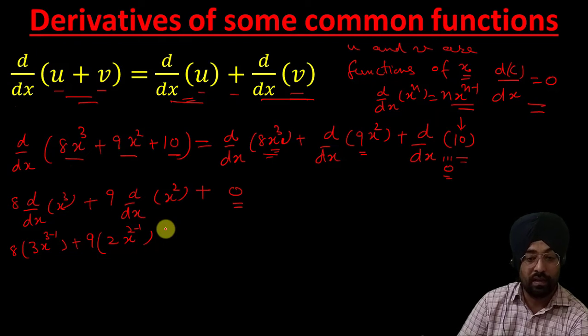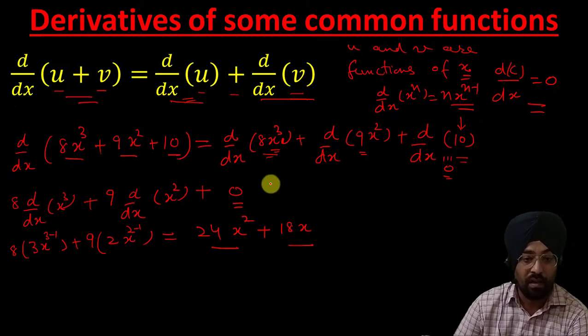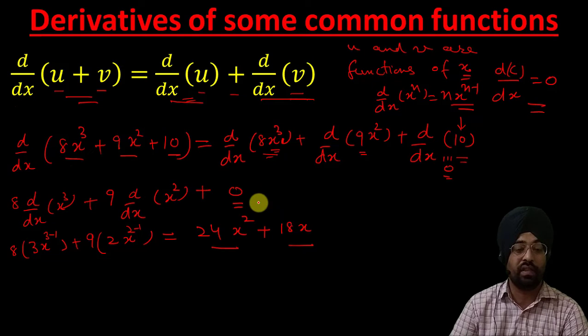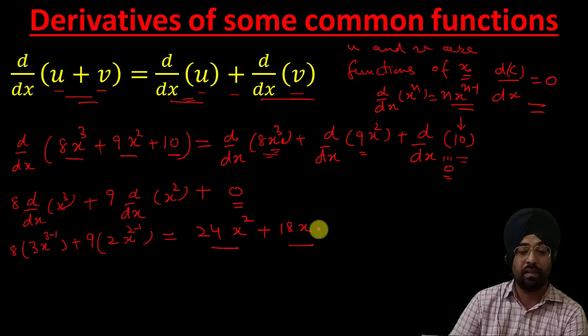So similarly the next is 0, plus 0, so it becomes 8 into 3, 24, x raised to the power 3 minus 1 is 2, 24x square, plus 9 into 2, 18, x to the power 2 minus 1 is 1. So 24x square plus 18x is the answer. So the derivative of 8x cube plus 9x square plus 10 is 24x square plus 18x.